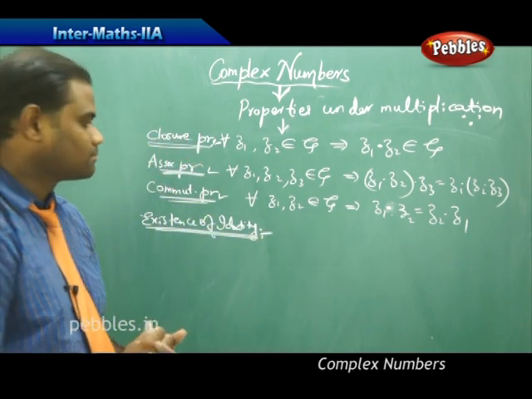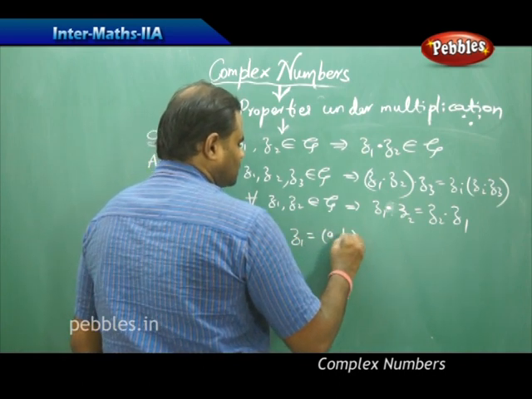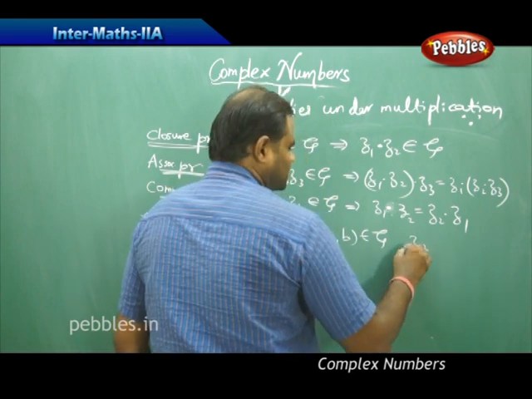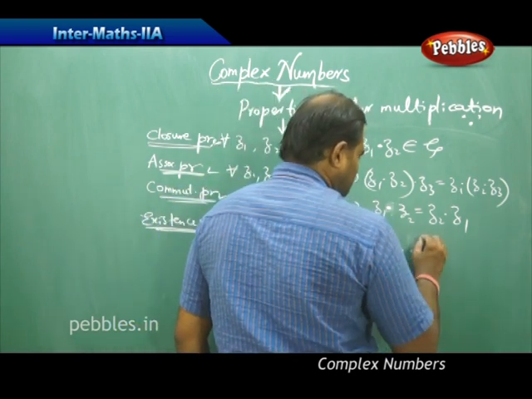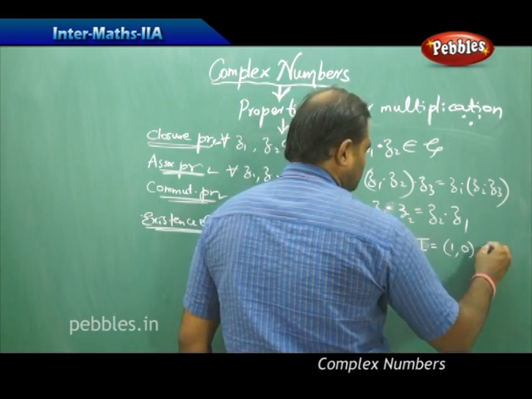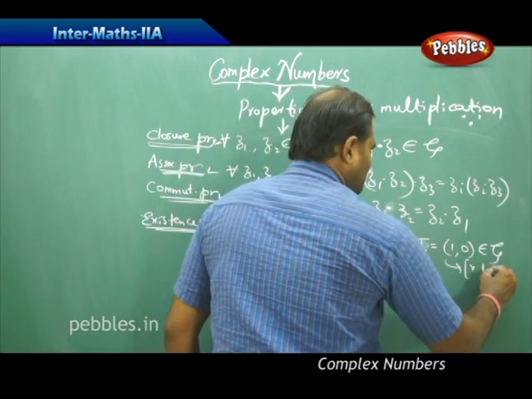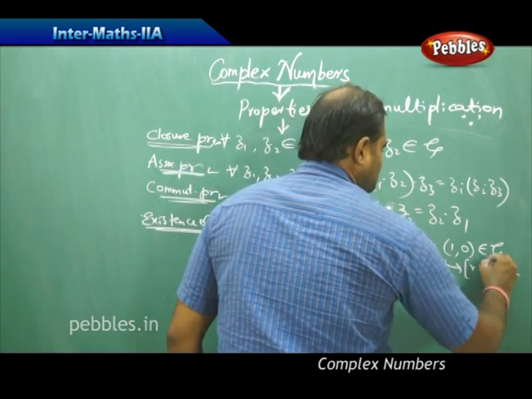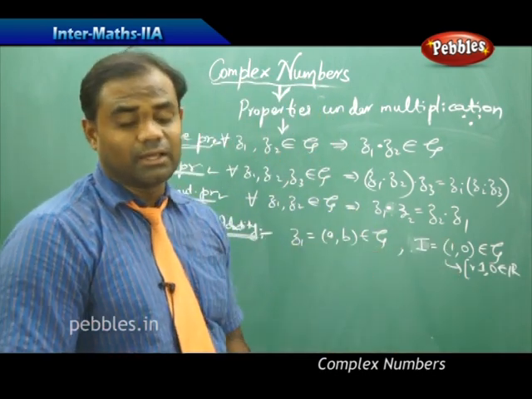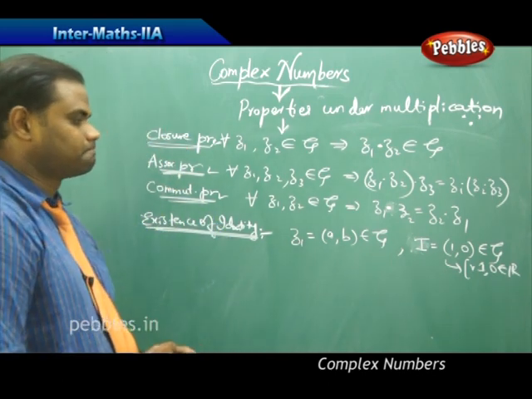So when I have Z1 equals a, b belonging to C, and my identity Z2, let me denote the multiplicative identity with I, which is 1, 0, which also belongs to C, since 1 and 0 are real numbers. So let's see if this when multiplied with this gives back the term a comma b, is how we identify the properties.